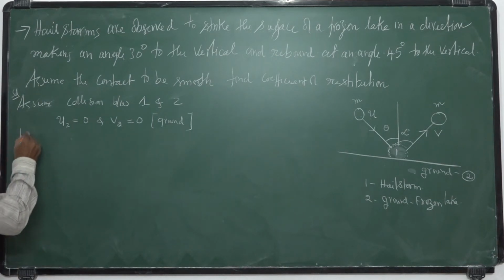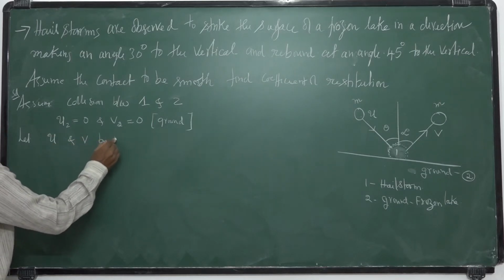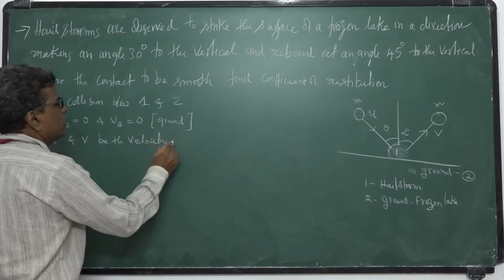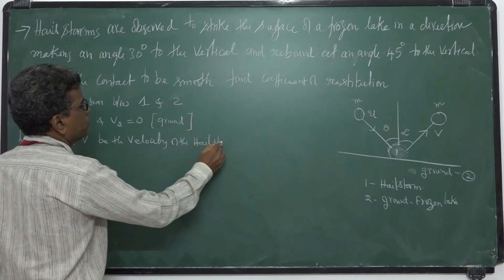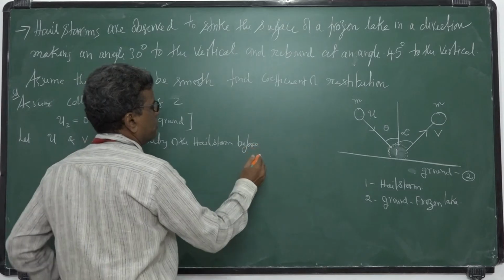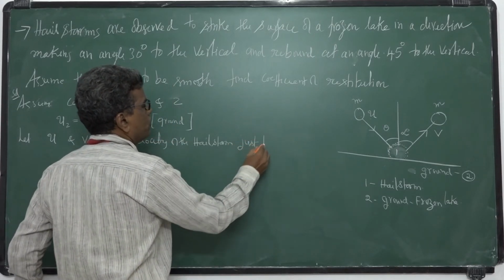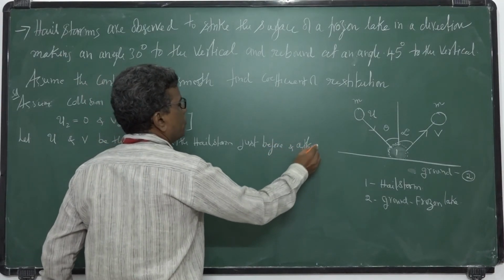Let u and v be the velocities of the hailstone just before and after collision.